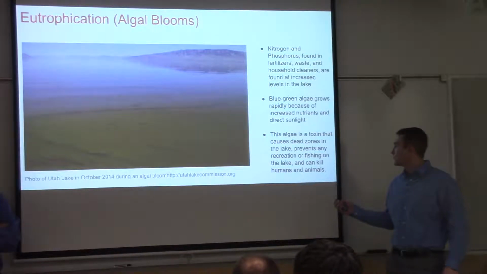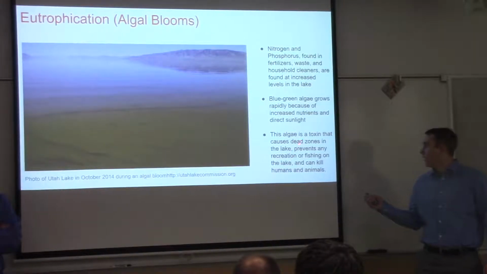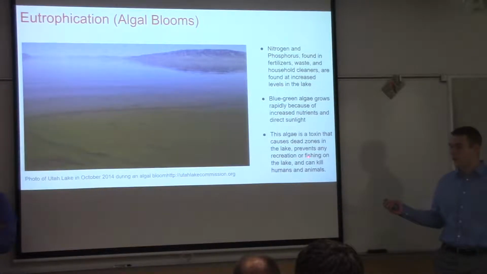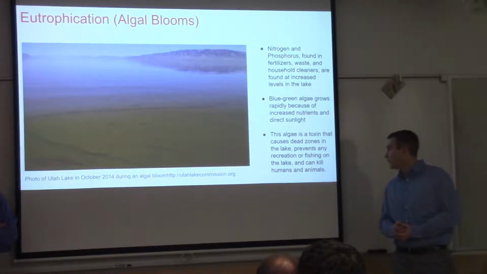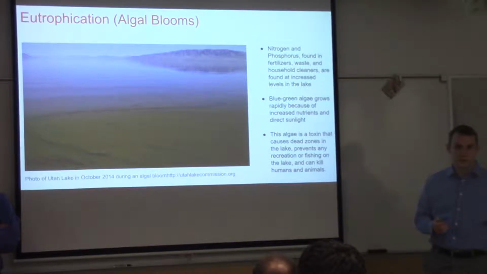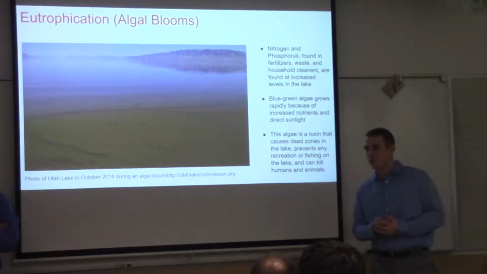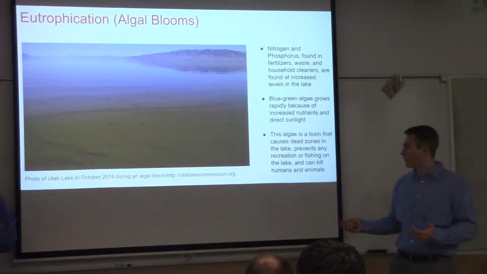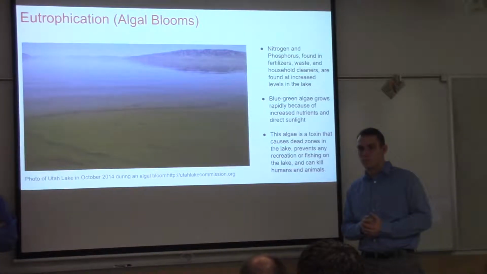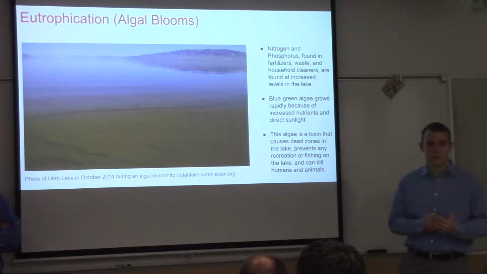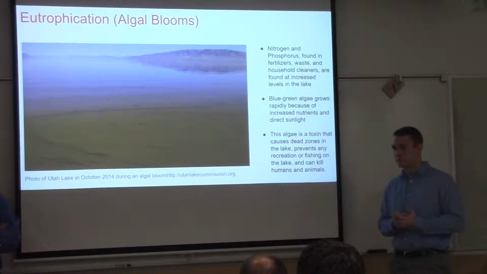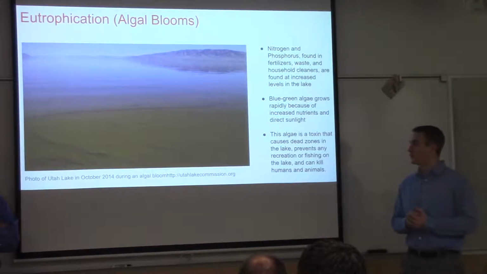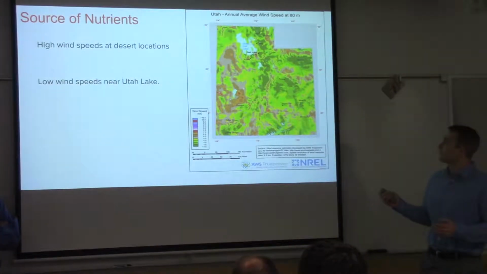And these algal blooms cause dead zones in the lake, prevent recreation and fishing, and, as mentioned, blue-green algae is a toxin and can be harmful to humans and animals. There was a report back in 2014 that a dog was swimming in the lake during an algal bloom, and the dog came out vomiting and ended up dying. So this is a harmful effect that we're seeing.